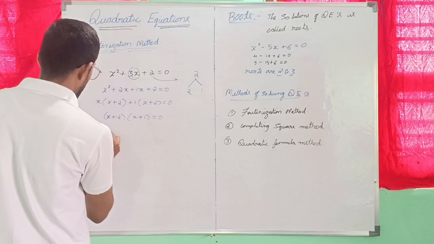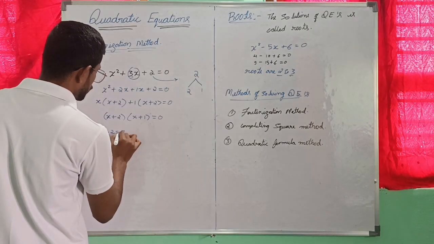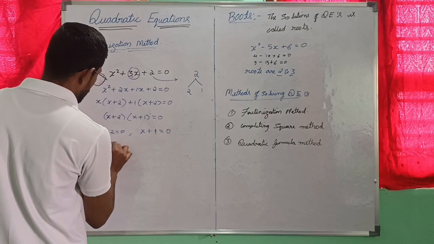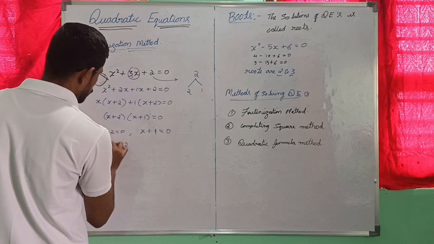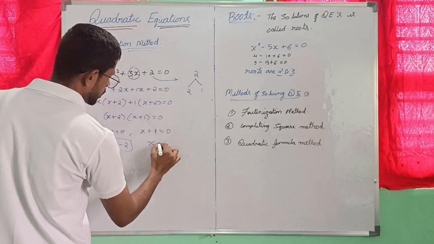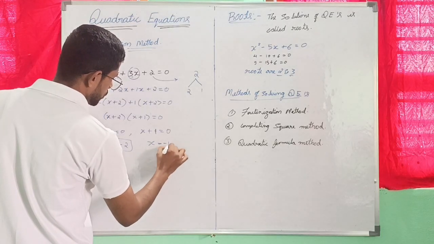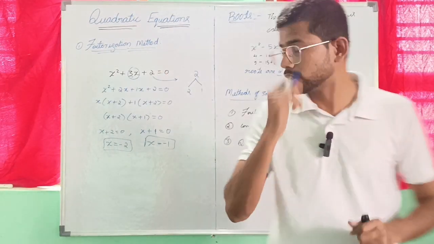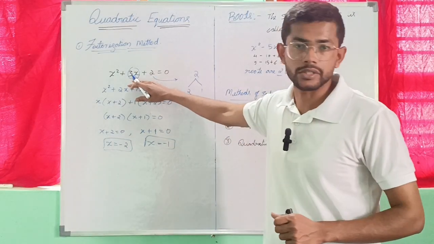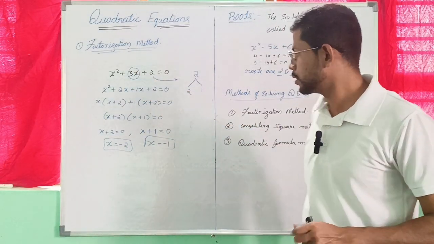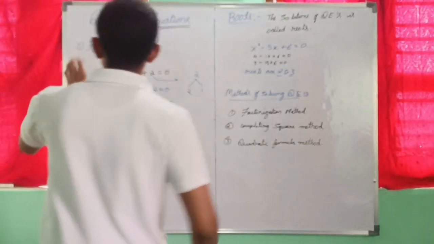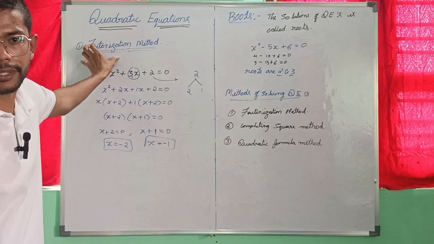When we equate x plus 2 is equal to 0 and x plus 1 is equal to 0, here x becomes minus 2 and here x becomes minus 1. These are the roots of the quadratic equation. You understand the factorization method?